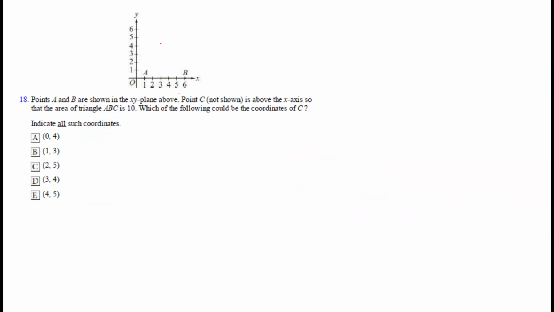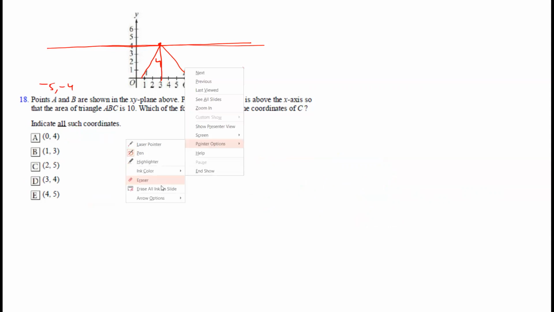So 3 and 4, we have this number. So the height again is 4. Any point over here, any point. So we can have -5 and -4.